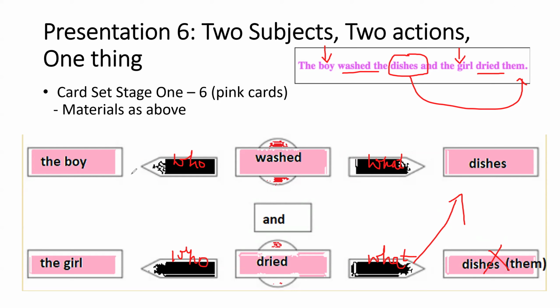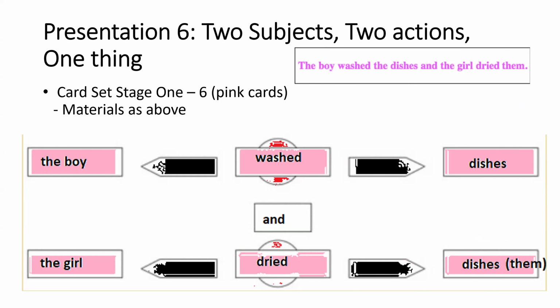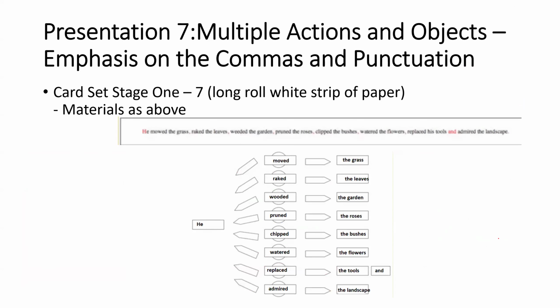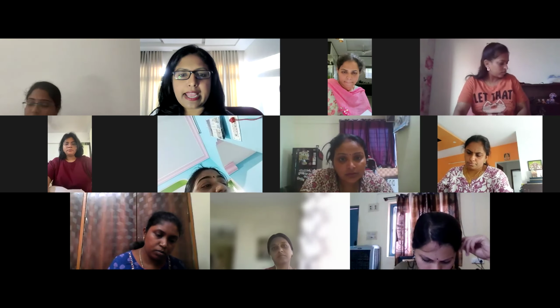Presentation 7 is quite interesting because it is a long sentence that we are going to work with. Okay, so this is multiple actions and objects, with one subject. Now, before doing such a big sentence, let's do a simple one. Let's take any of your names.